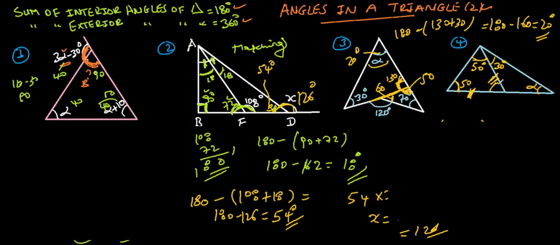This one will be 180 minus 100, because 50 plus 50 is 100, so it will be 80 degrees. If this one is 80 degrees, this one must be 100, because 80 plus 100 is 180. Then 100 plus 30 is 130, plus alpha, which is 50 degrees, so totally it must give us 180 degrees.